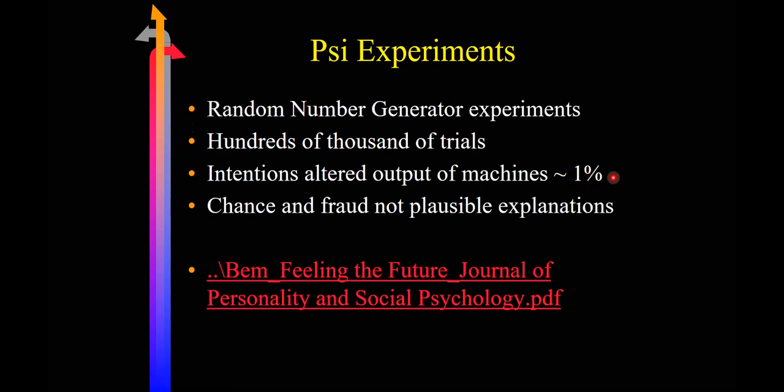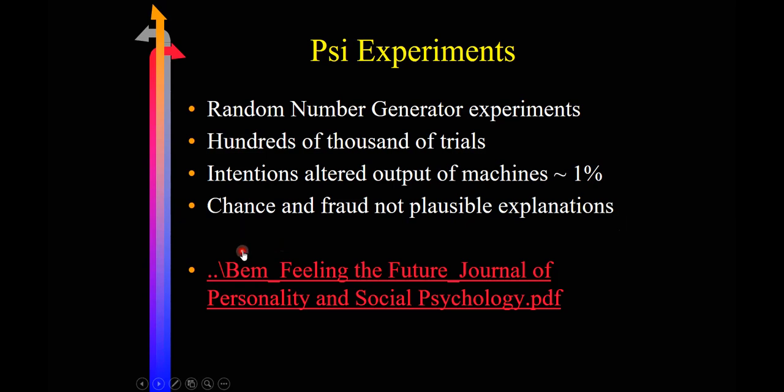When you look at that statistically, that's almost impossible to attribute to just chance variation. And fraud, also having been well-controlled experiments, doesn't seem to be a plausible explanation. It appears there is some ability that does exist, although it is very slight, at least according to these experiments.